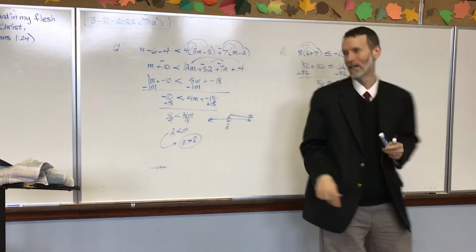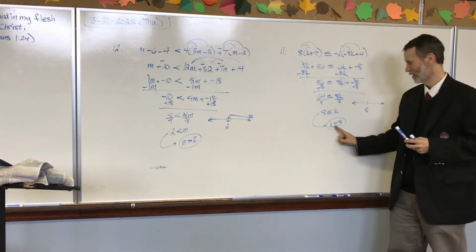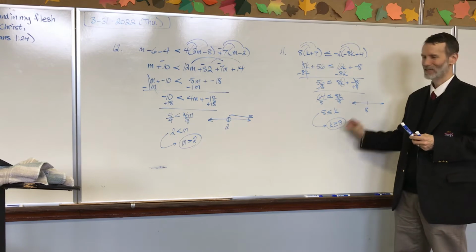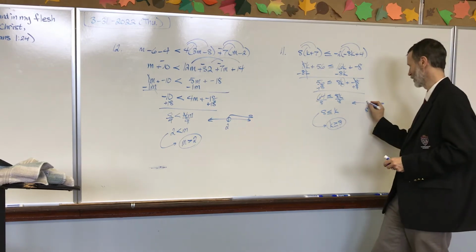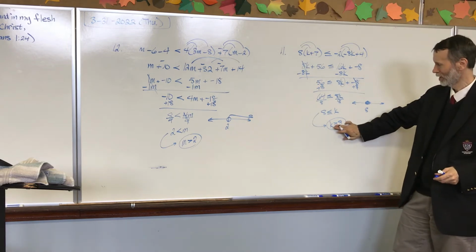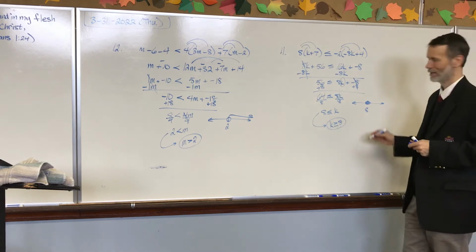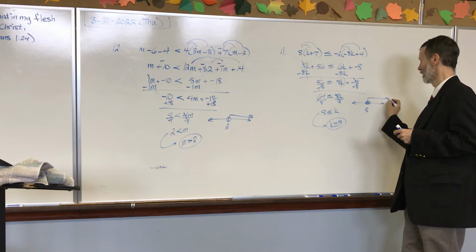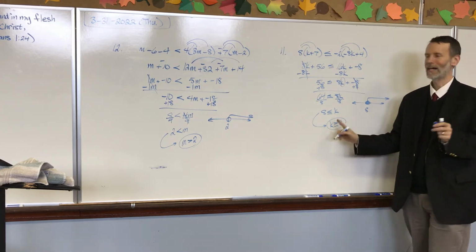It's the one you want. If this is equal, that means we want 8, so you fill it in. So it's solid whenever it's equals. If they were just plain old greater than, that'd be open. And then which way do you shade? To the right. Correct.